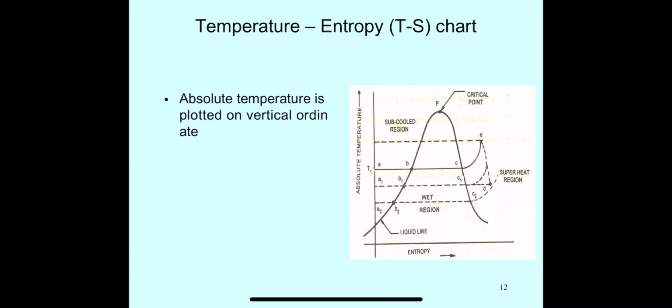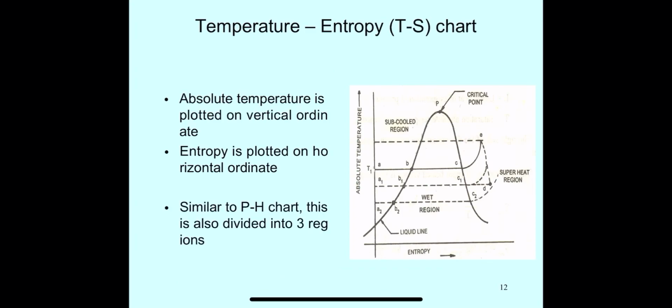Absolute temperature is plotted on the vertical coordinate and entropy on the horizontal coordinate. Similar to the ph chart, this is also divided into three regions. One is the subcooled region.